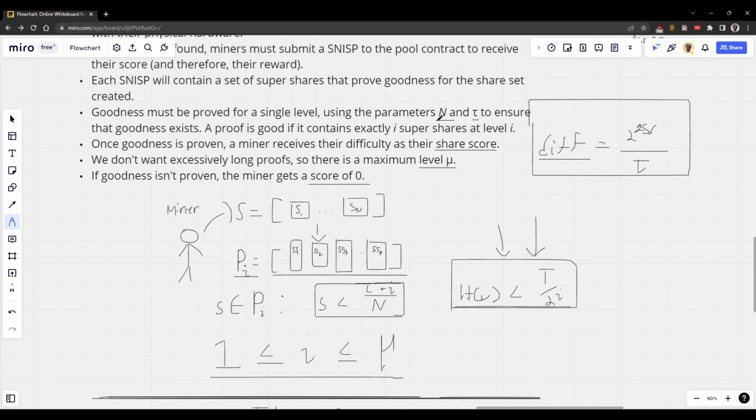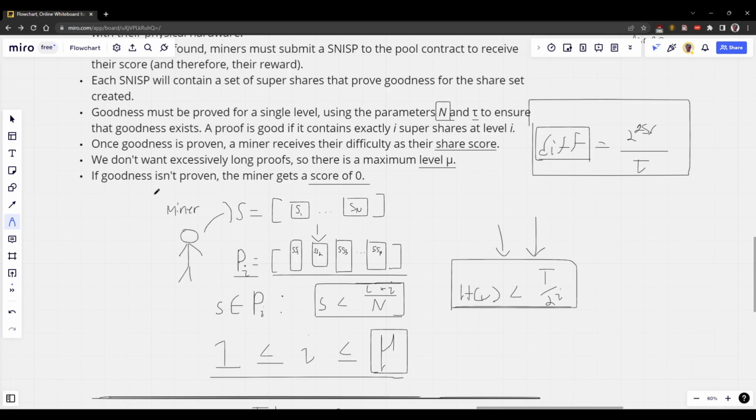The reason for that is that n is now a protocol-wide constant, just like w, and just like mu as well. And because every miner is going to be aiming to create n shares, there's no reason to include n within the share score algorithm. So really the only thing that's needed is this difficulty value. And that difficulty value of ta is going to represent your share score and essentially be proportional to your payment on the blockchain.